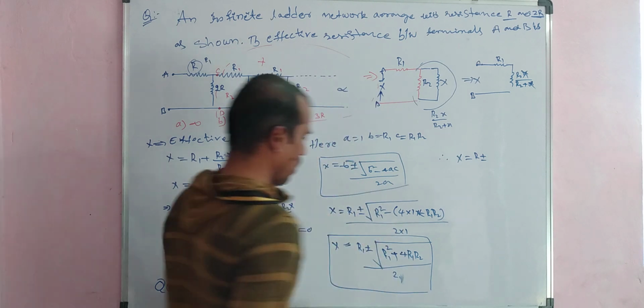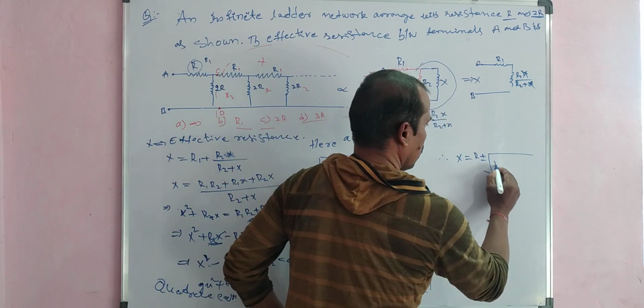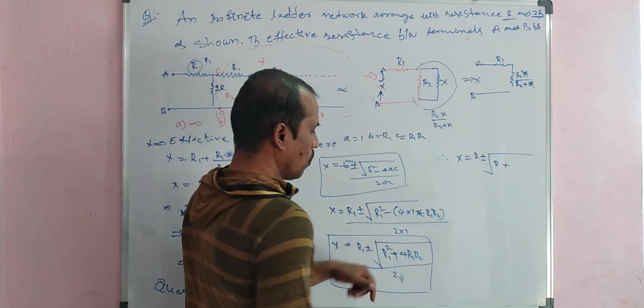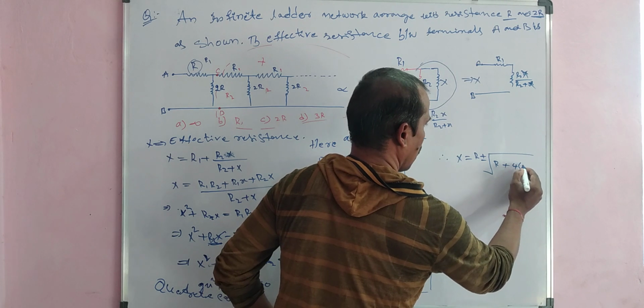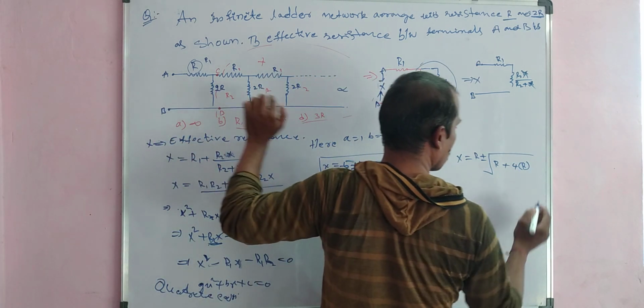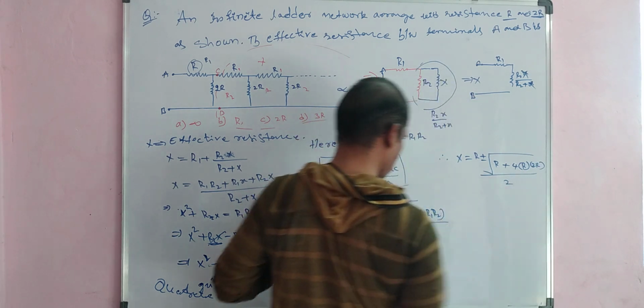plus or minus the square root of R1 squared plus 4 R1 R2, where R1 is R and R2 is 2R, divided by 2.